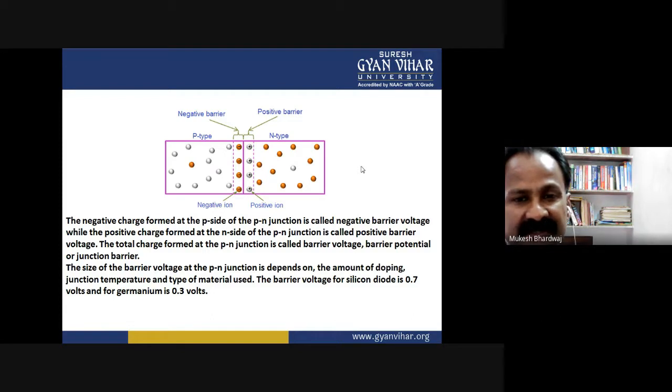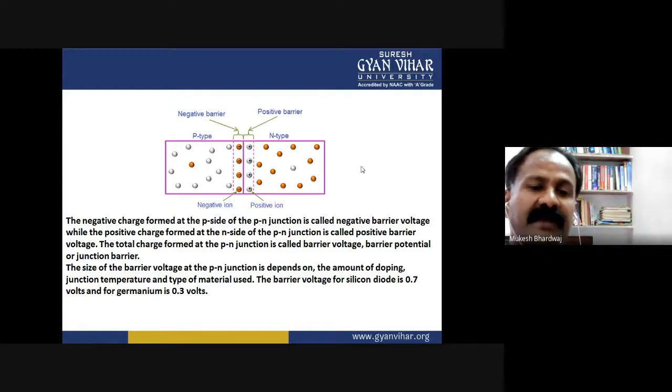It generates a potential difference, because of the positive ions and negative ions, so electric field lines move from positive ion to negative ion, or positive charge to negative charge, and an electrostatic field is set up. That's why it is called barrier voltage, barrier potential, or junction barrier.